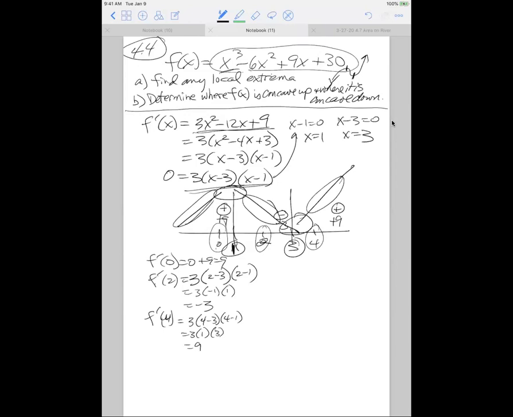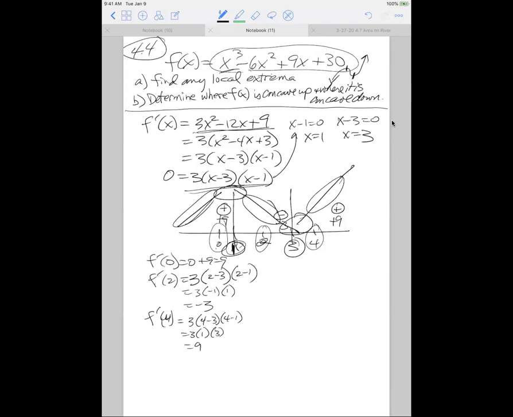Now, about concavity, remember what we're trying to do is make a determination. What we can do is plug the actual critical value into the function and verify whether it's concave down or concave up at that point.